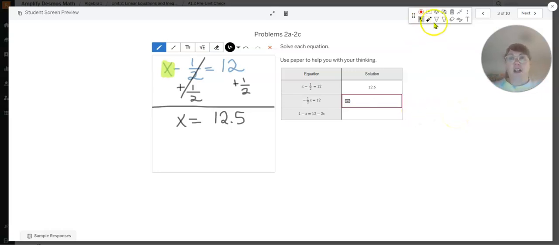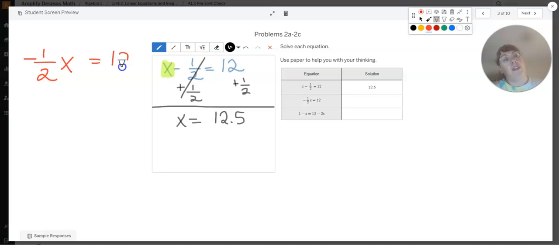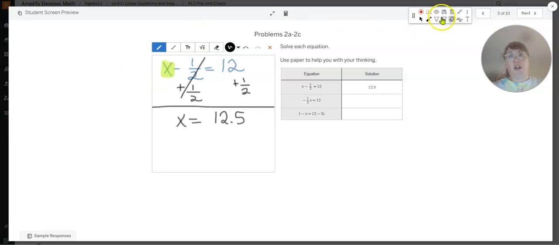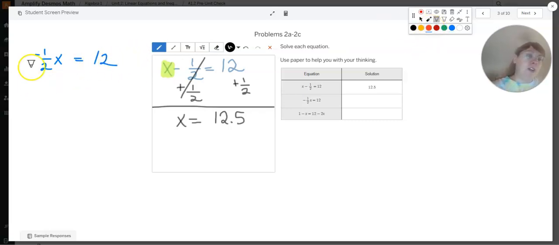For the next one, we have negative 1/2 times x equals 12. These are being multiplied. When we have a fraction like this, we multiply by the reciprocal. I'm just going to make this a little smaller. Okay, so we're going to multiply it by the reciprocal.